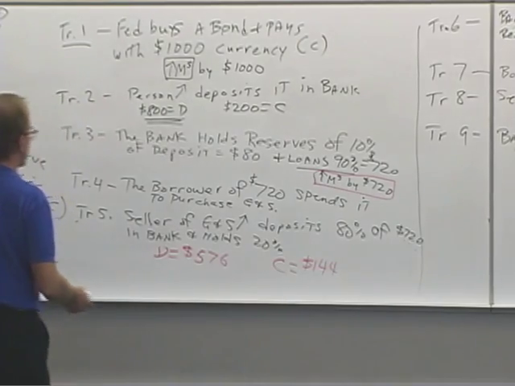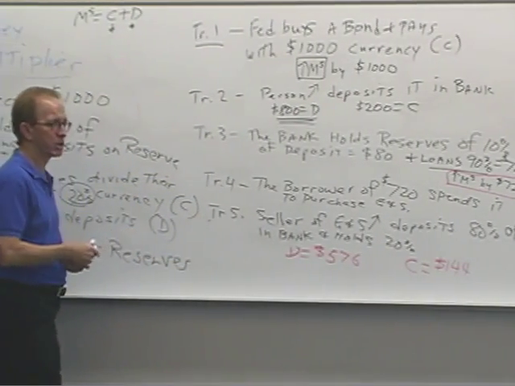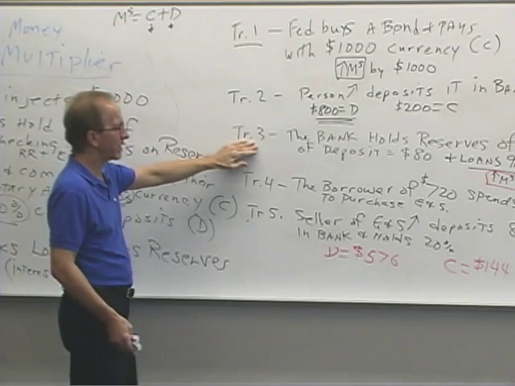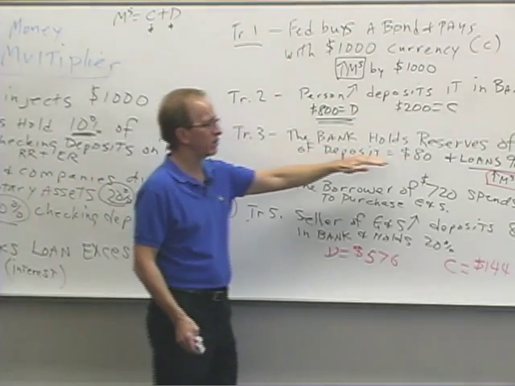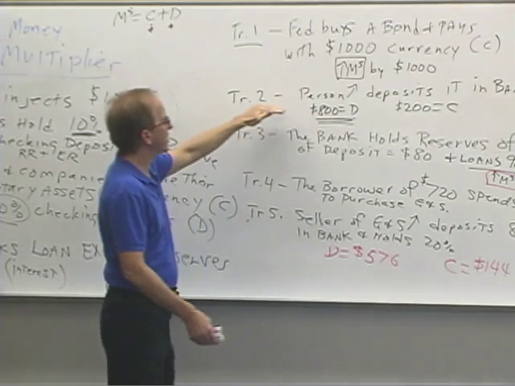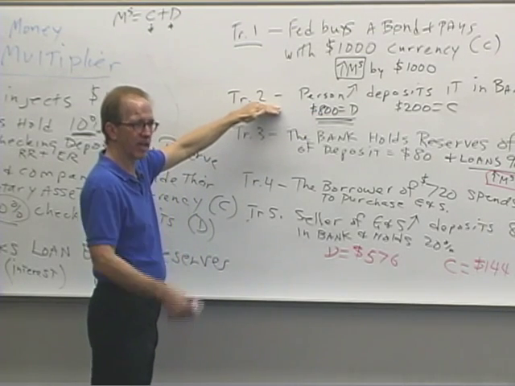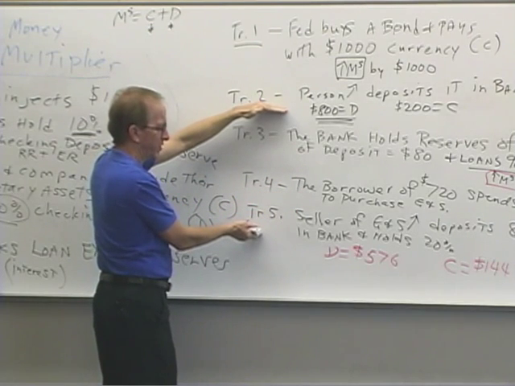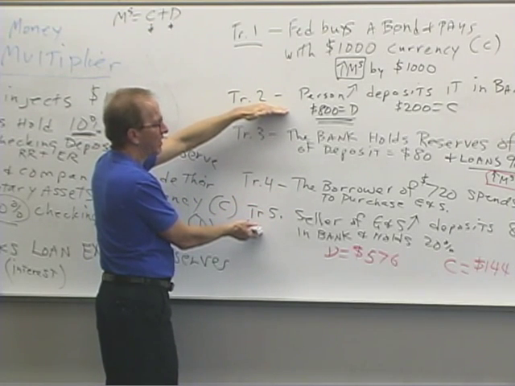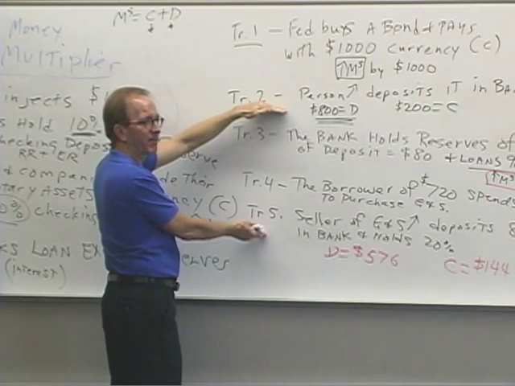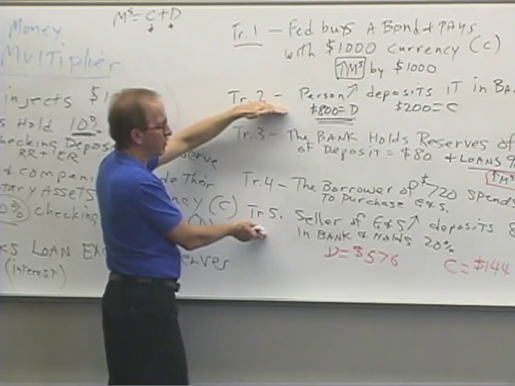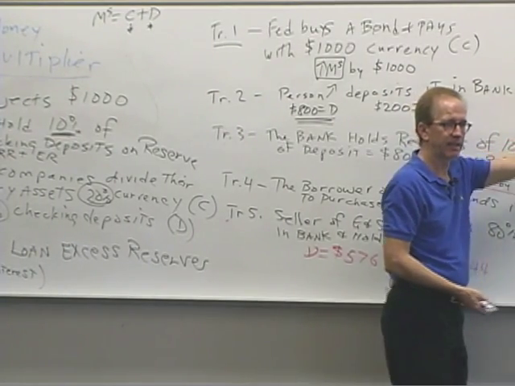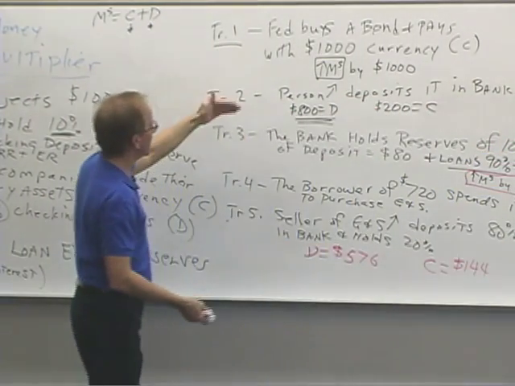I'm going to do one or two more of these, but I want to go back and just show this pattern that repeats. Here's transaction 3. The bank made a loan of a deposit. Well, first of all, transaction 2 was there was a deposit at the bank. And then if I jump 3 transactions again, there's another deposit. If we jump ahead 3 more, there's a deposit in the bank. Now we move down one to transaction 3.